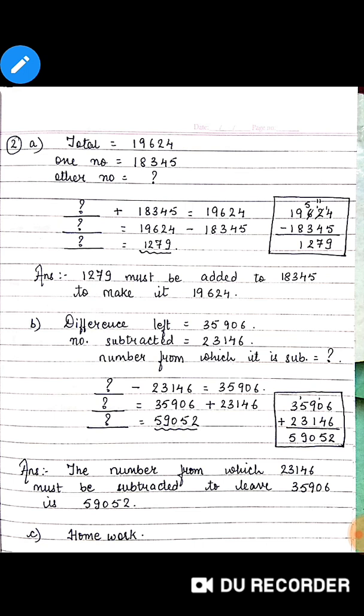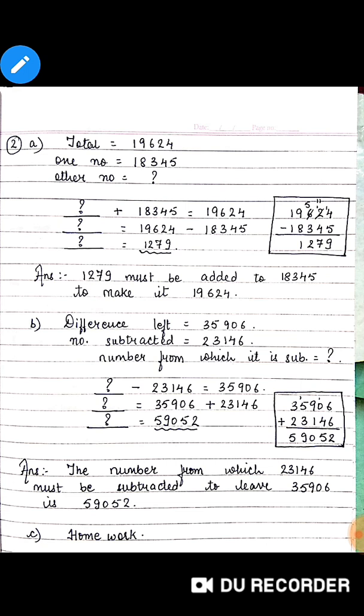Now the other add-in is what you need to find. So the framing of this equation becomes: what should be added, that means question mark plus 18,345 will give you 19,624.